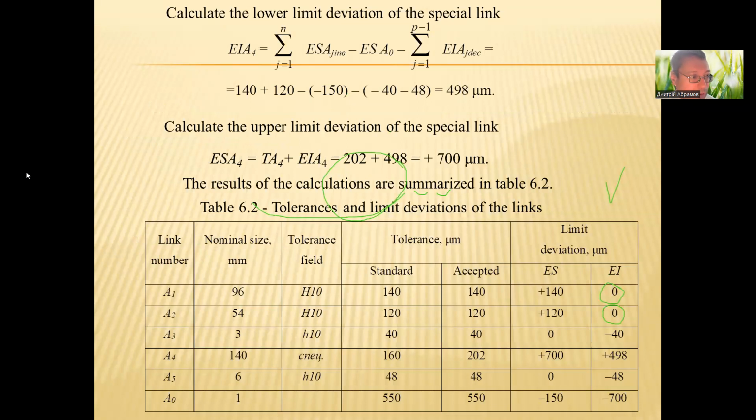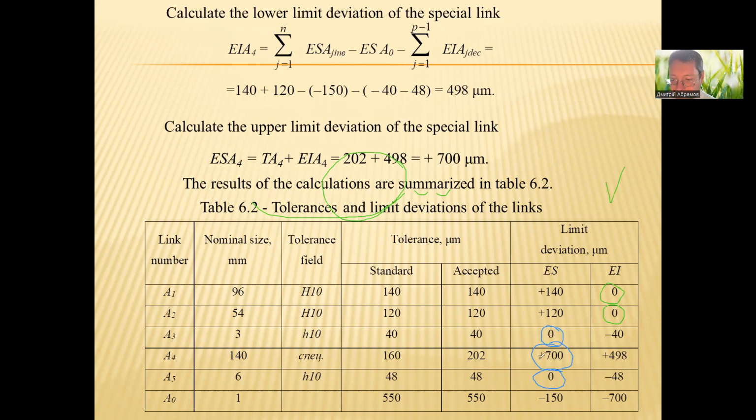Upper limit deviation, let's change our color, the blue. Upper limit deviation of decreasing links. First decreasing link, A3, 0. A4 plus 700 and A5 ES 0.